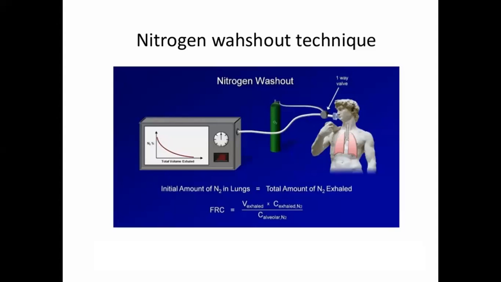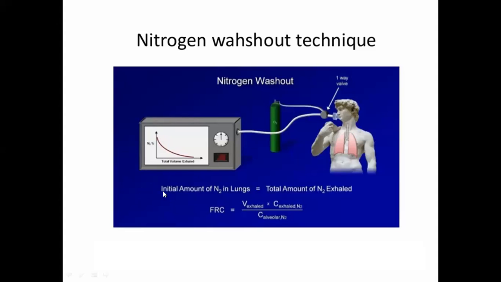The inhaled oxygen will be replaced by CO2, but nitrogen will remain inside the lungs. With that, using the nitrogen, we will find the functional residual capacity of the lungs.